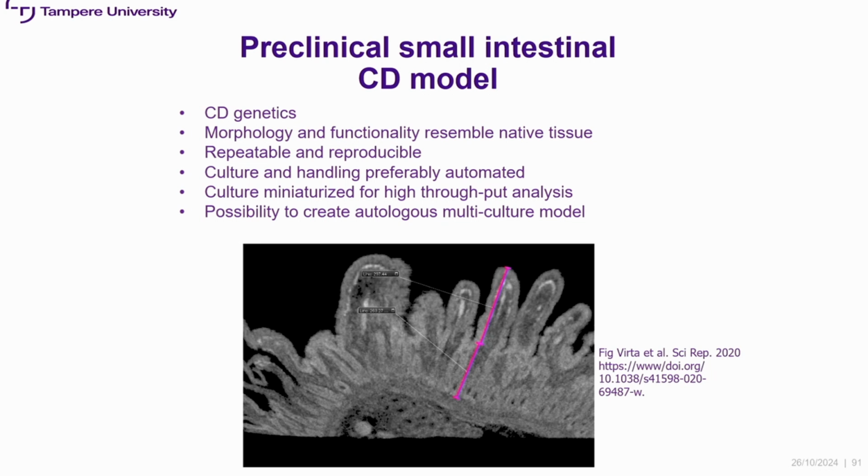For these current systems, the small intestinal organoids, which were already introduced by Arnold Han from the celiac disease patients, but also the induced pluripotent stem cells, which I'm soon going to present, are very good. But then it would be also nice to have a possibility to generate an autologous multicellular model, meaning that you can have the whole tissue generated from the same patient cells, meaning that the whole genotype would be the same for all the cells.